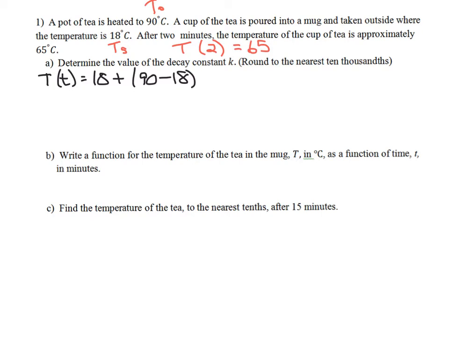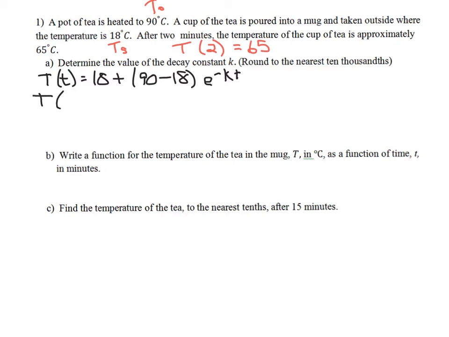We'll be doing that subtraction in a minute. You can just do it in your head, but I'm going to write out what the values are so we can see where everything is coming from in this formula. Now my e has an exponent of negative k multiplied by t. Since we have some information, I'm going to plug that into my formula.